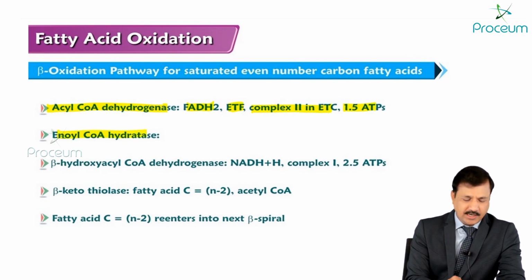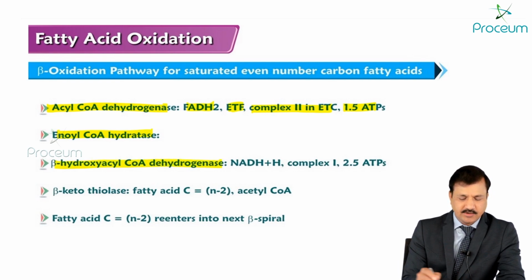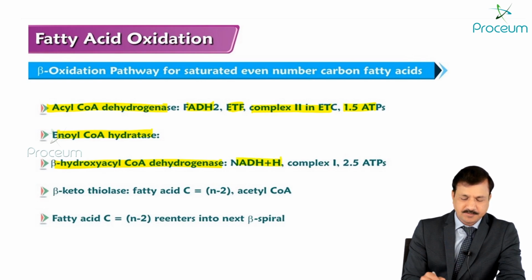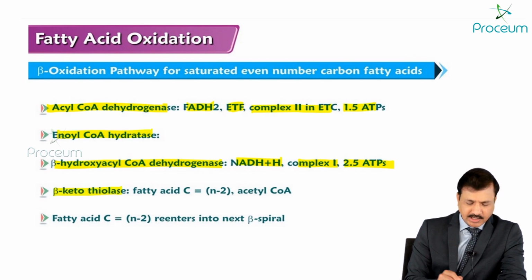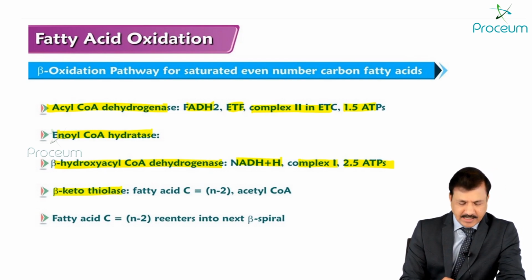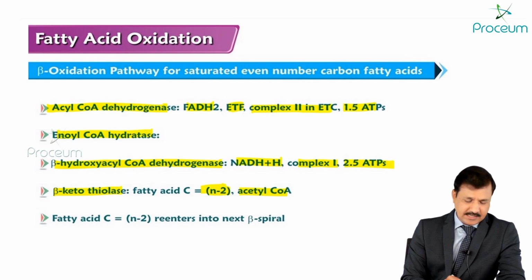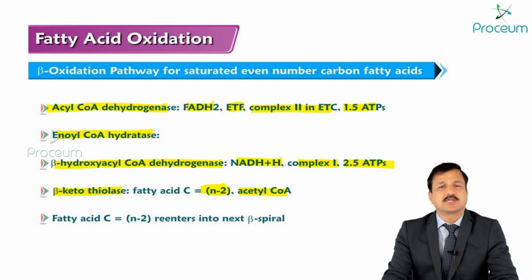Then enoyl-CoA hydratase is the second reaction, and beta-hydroxyacyl-CoA dehydrogenase is the third reaction, where you get NADH plus H+, which enters complex 1, and you get 2.5 ATP there. In the beta-ketothiolase reaction, the fatty acid is shortened by 2 carbon, releasing acetyl-CoA, and the fatty acid of N minus 2 enters the next beta oxidation spiral.